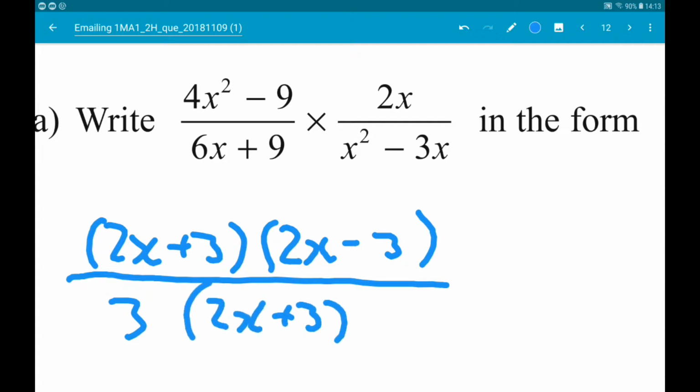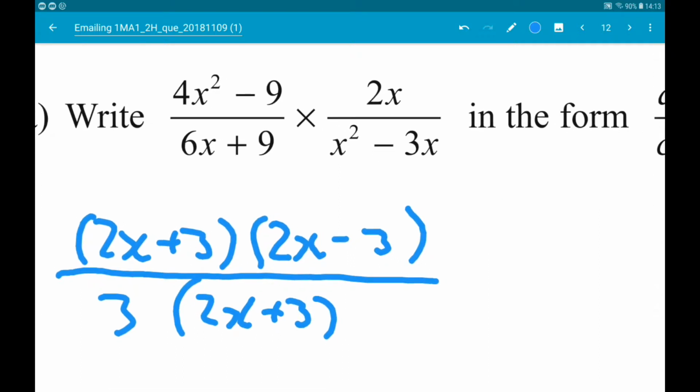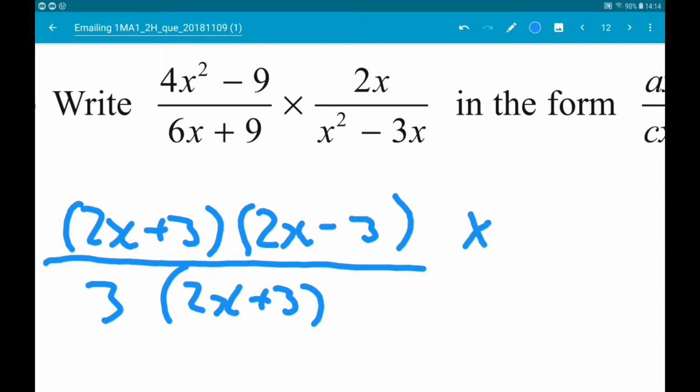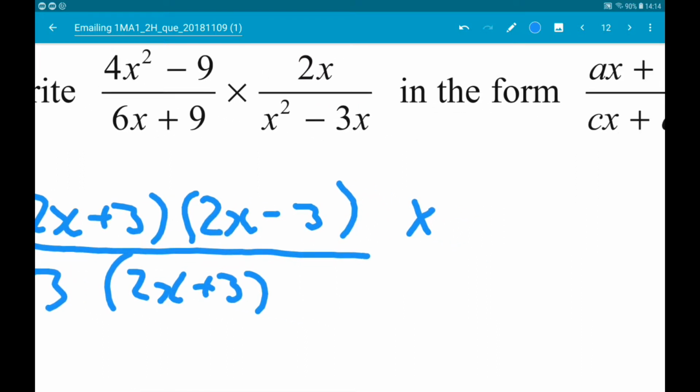So now the top and bottom of that fraction have a common factor. They're going to cancel, so that's nice. And in the second fraction, all three terms have a factor of x, so we can write that as 2 over x minus 3.